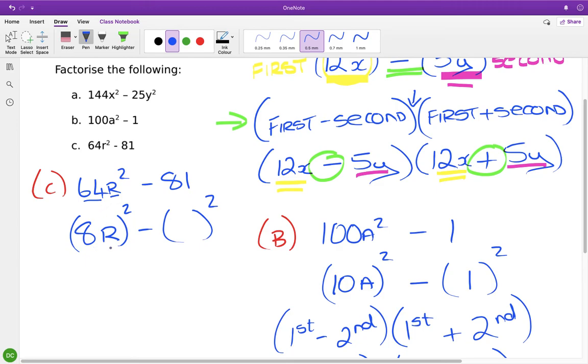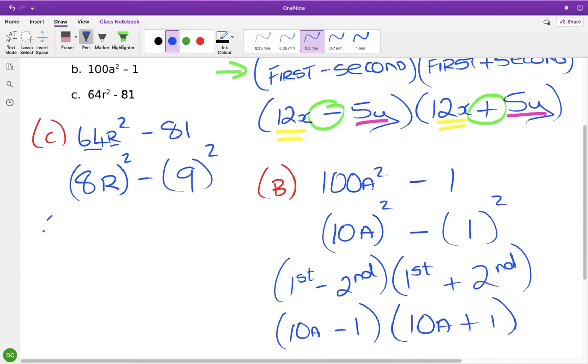So this is just writing it in a different form. Same here, 81 was on the list, it's 9 squared. So I'm going to open up my two brackets with no sign in between, and do the first minus the second, the first plus the second. Again, those two brackets are identical except for that sign.